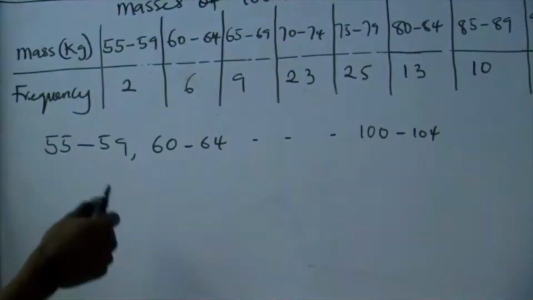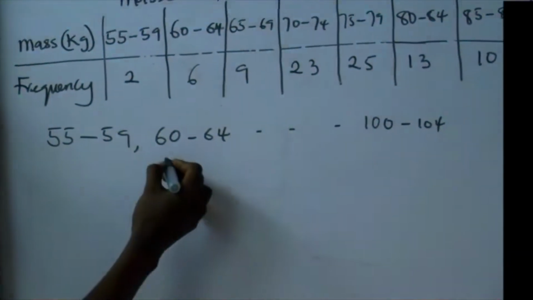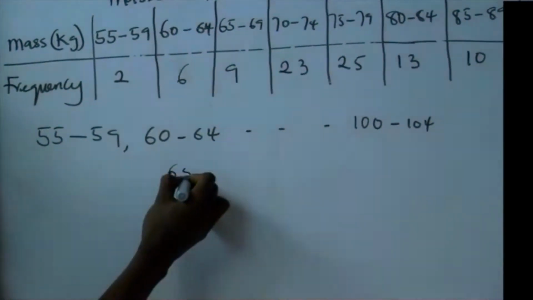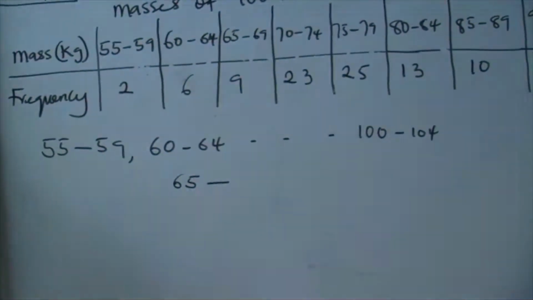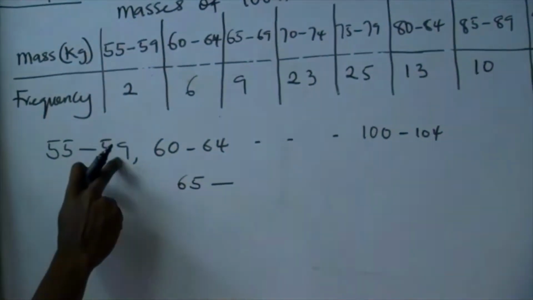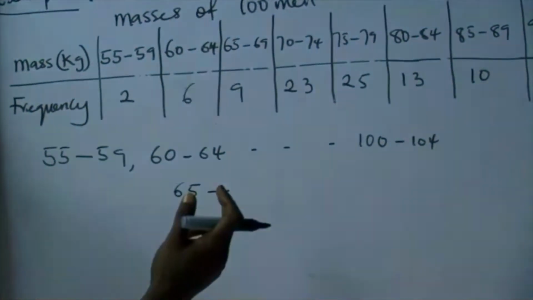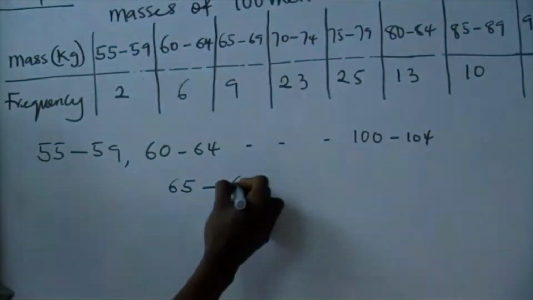So that's adding 5 to each of them. So for me to know the next one, I'll just do 65 to add to it, because this is 55, then plus 4 gives me 59. So if I do 65, 66, 67, 68, 69, so this will be 65 to 69.